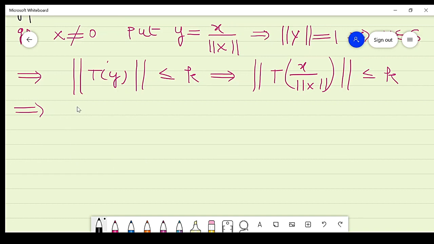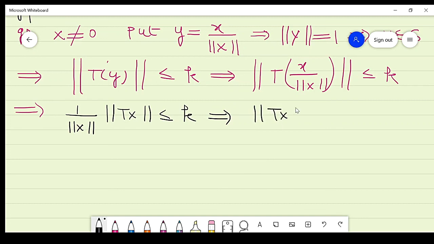So what we get is 1 by norm of x into norm of Tx is less than or equal to k. It implies norm of Tx is less than or equal to k into norm of x, right?